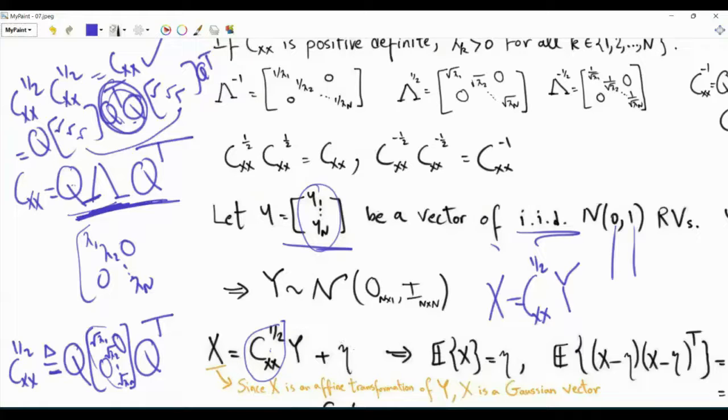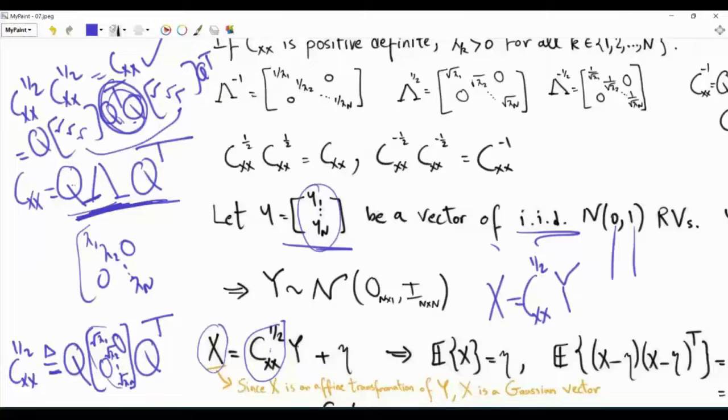And then we add vector eta here. Eta is the vector of the first moments of x. Now, if we define x in this way, x is an affine transformation of the Gaussian vector y. Why is y a Gaussian vector?